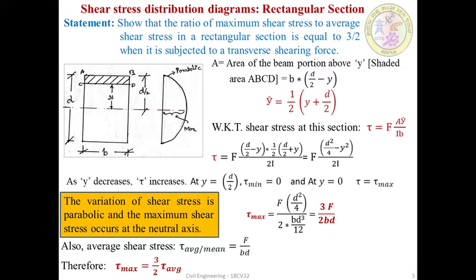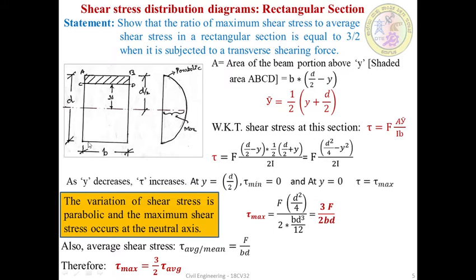Now we derive the shear stress distribution diagram for some regular sections. The first regular section is the rectangular section. Statement of the problem: show that the ratio of maximum shear stress to the average shear stress in a rectangular section is equal to 1.5 times, or 3 by 2, when it is subjected to a transverse shearing force.